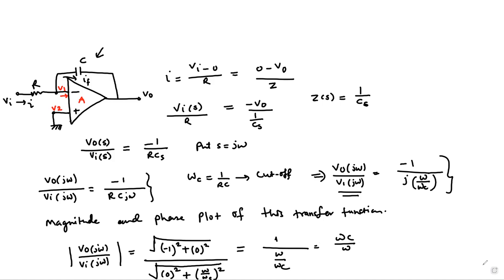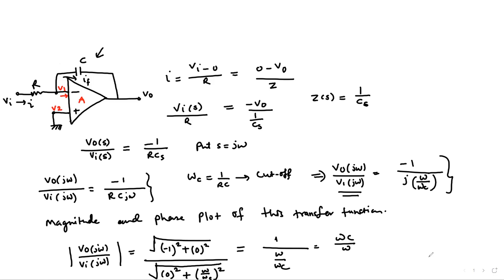What about the phase? That is an angle. We are talking about the expression here, this one. So the angle is the angle of the numerator minus the angle of the denominator. So it's a -1.